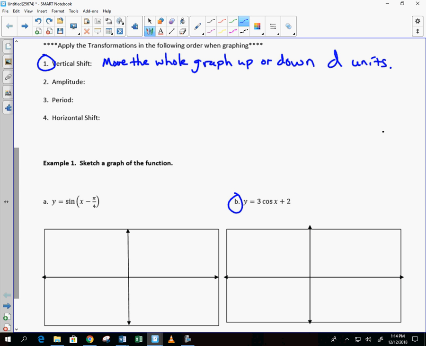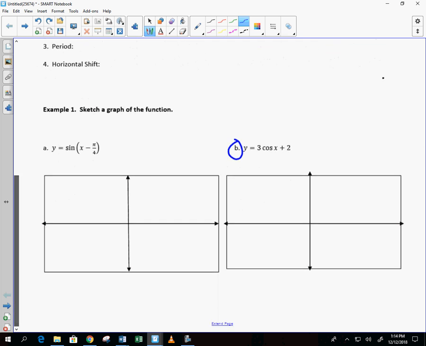When you see a vertical shift, move the whole graph up or down that many units. So, here's what I do. You told me that the vertical shift was 2. Okay? So what I do is I mark off 2 units.